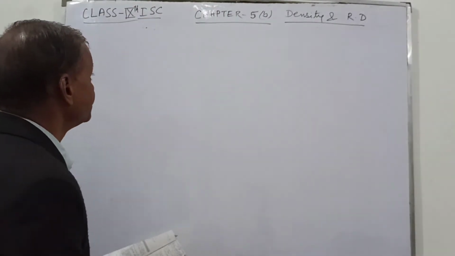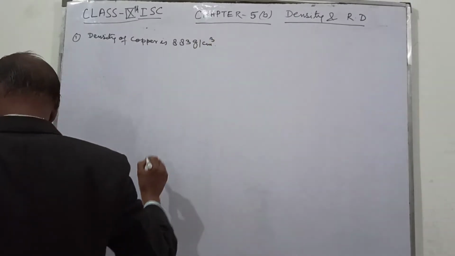Now the first question is: the density of copper is 8.83 gram per centimeter cube. Express it in kilogram per meter cube.